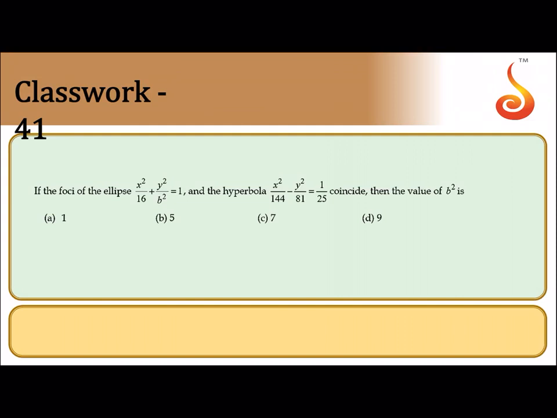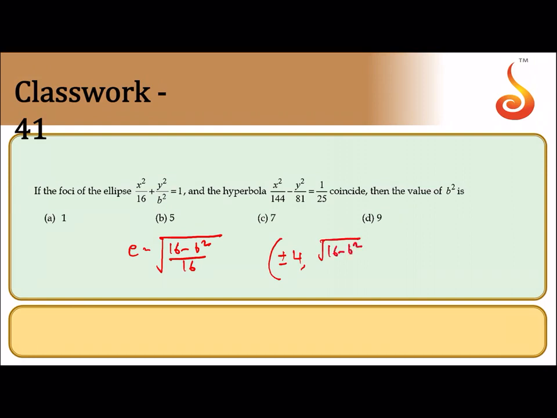If the foci of the ellipse and the hyperbola coincide, then find the value of b square. So we have to calculate the eccentricity of this one. The eccentricity of the ellipse will be the square root of 16 minus b square by 16. So you have to substitute the eccentricity.